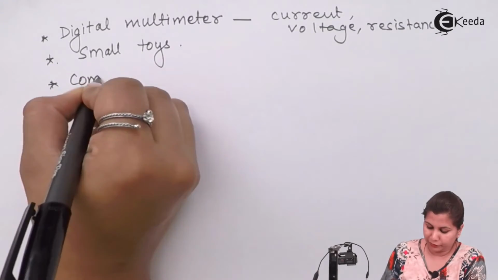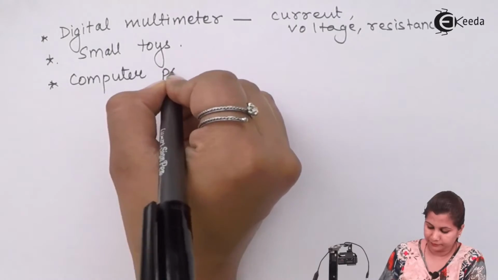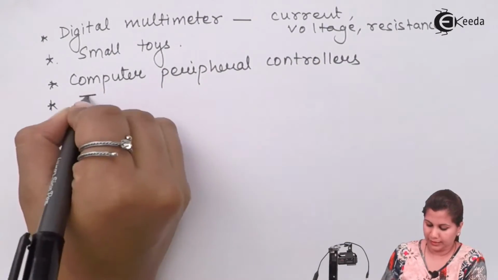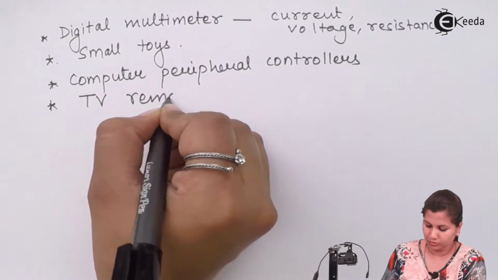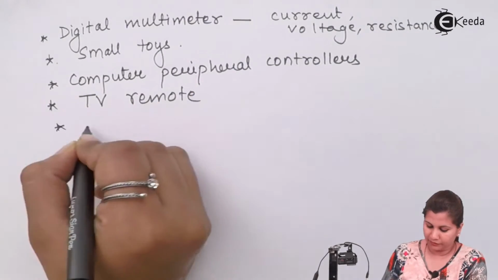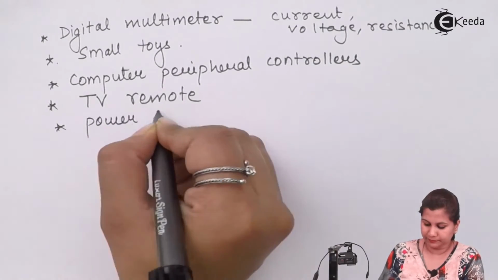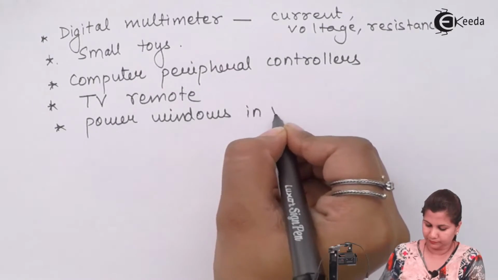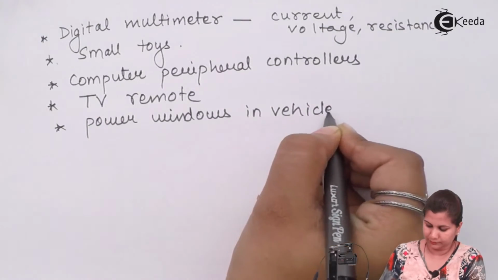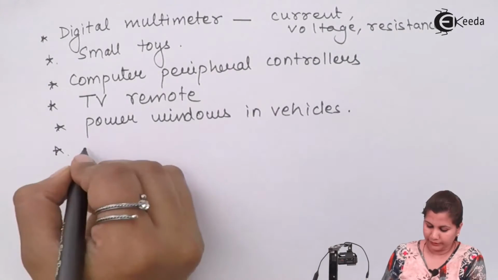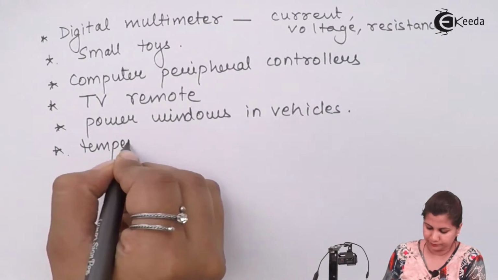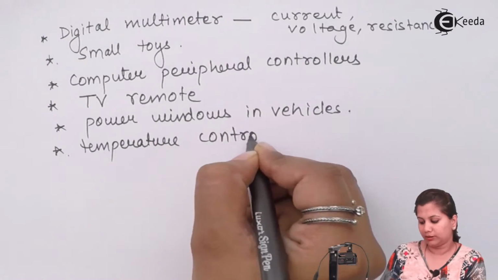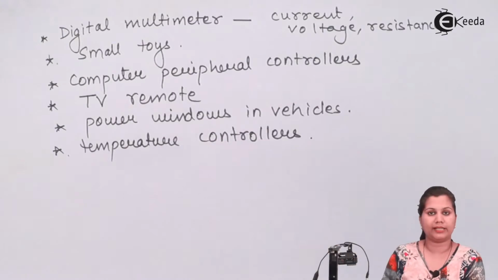The computer peripheral controllers, and TV remote, power windows in vehicles, temperature controller. So these are all examples of small scale embedded systems.